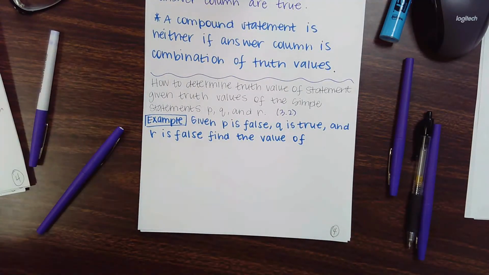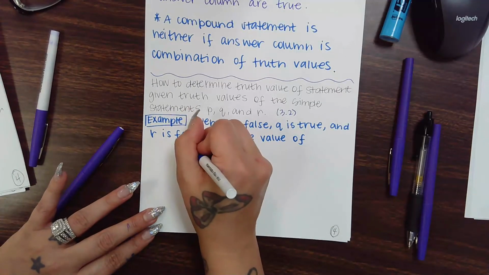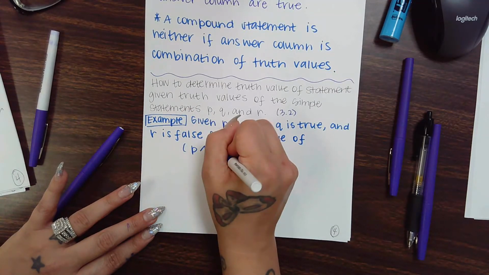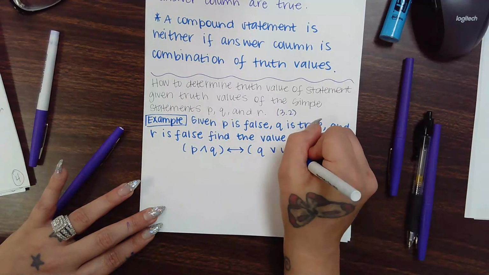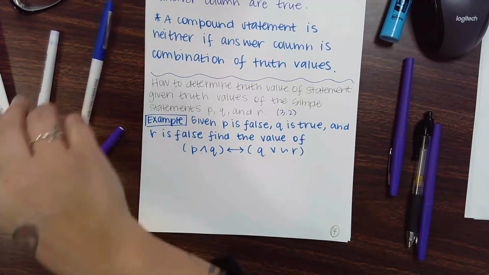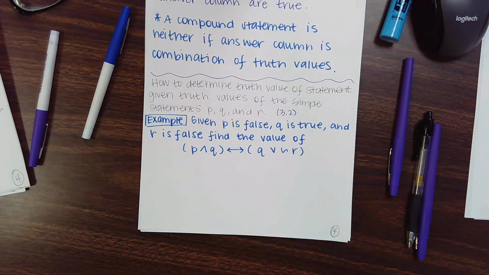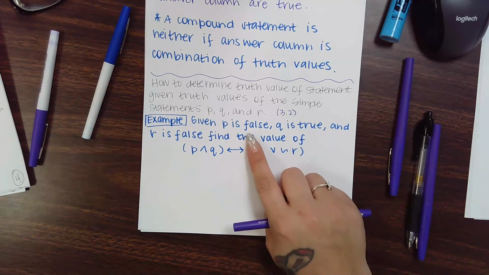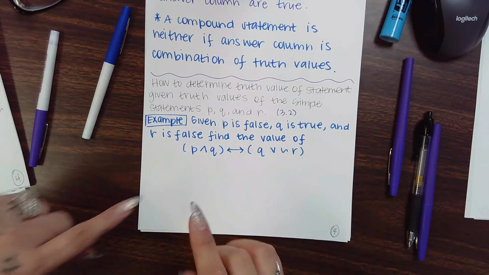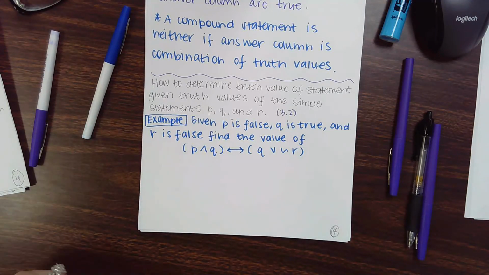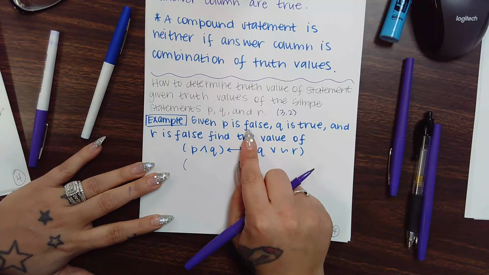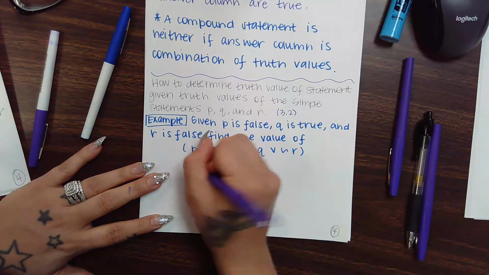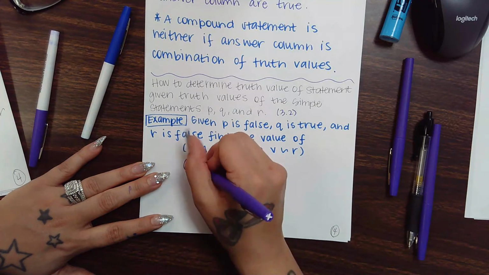What they gave us is open parenthesis P and Q, close parenthesis, if and only if, open parenthesis Q or not R. Underneath this compound statement, I'm going to place the truth values that I was given. Okay, keep all the other symbols until you actually apply that operation. Keep your parentheses as well. Okay, so P is what? False. So I do a capital F. I see the symbol for conjunction.